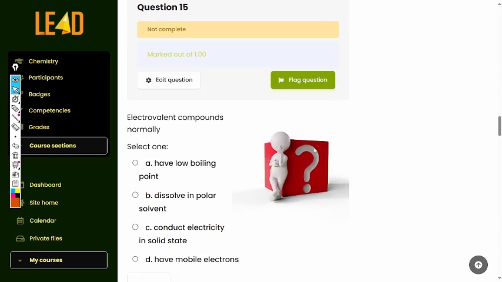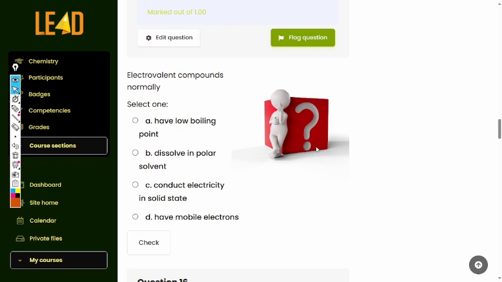Question 15. Electrovalent compounds normally, so let's see, have low boiling point. That's not true because the ions in electrovalent compounds are bonded very strongly, so they will have high boiling point. Dissolve in polar solvents.